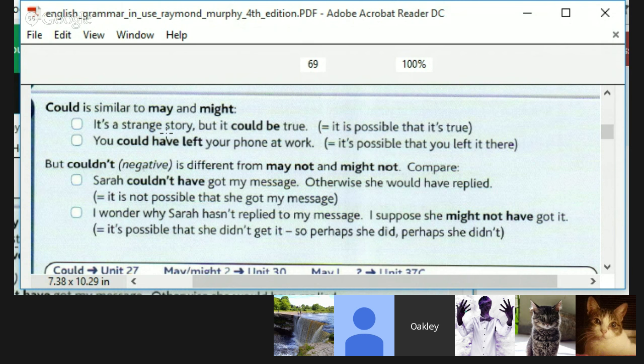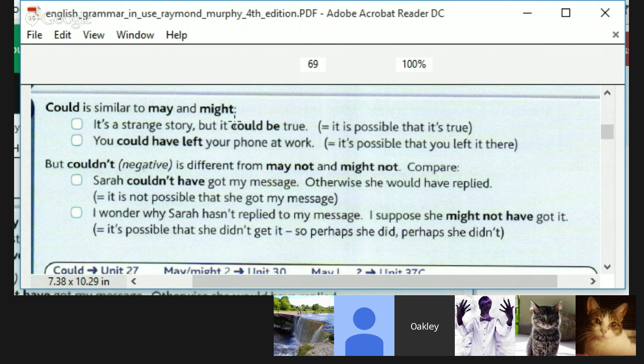You're simply saying that it is one possibility out of many. When you use may or might, it's slightly implied that you're talking about roughly, vaguely, 50%, 50-50, maybe, maybe not.